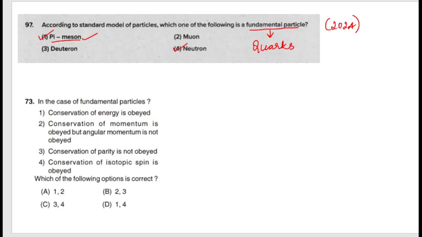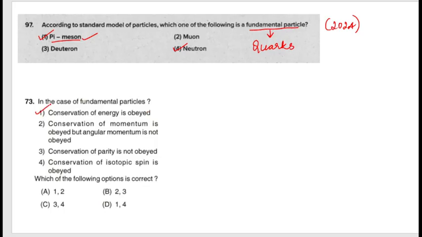In the case of fundamental particles, conservation of energy is obeyed, conservation of momentum is obeyed, but angular momentum is not obeyed. Conservation of parity is not obeyed, and conservation of isotopic spin is obeyed. Which of the options is correct, they are asking. So for fundamental particles, conservation of energy is obeyed.